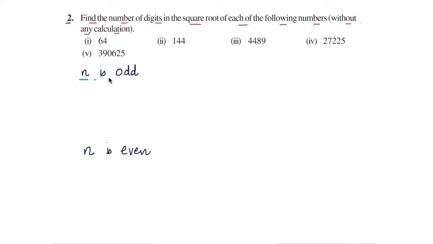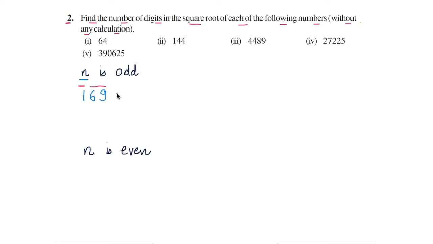When n is odd, for example, let's take 169, which is a perfect square of 13. The way to calculate the number of digits in the square root is to put bars over pairs of digits starting from the right. So we put a bar over 69 and a bar over 1.